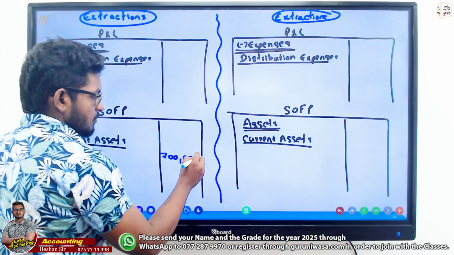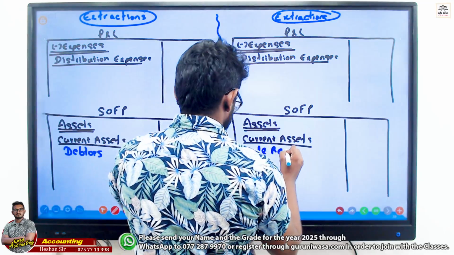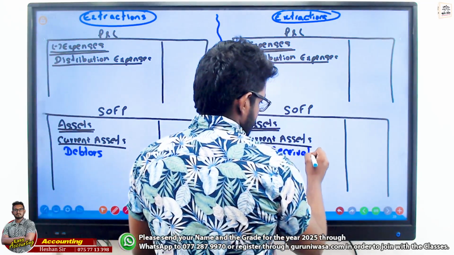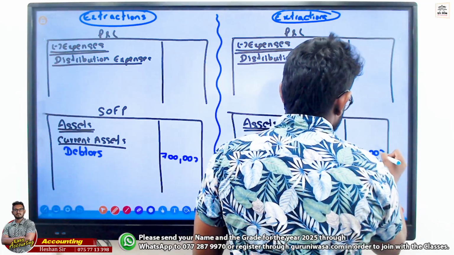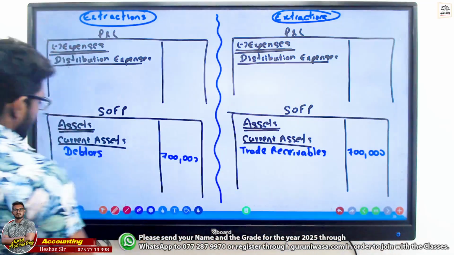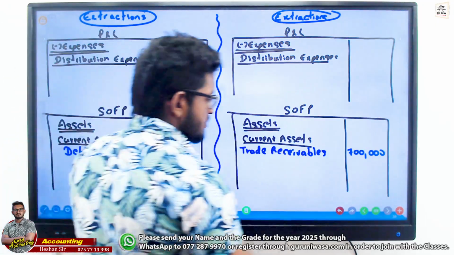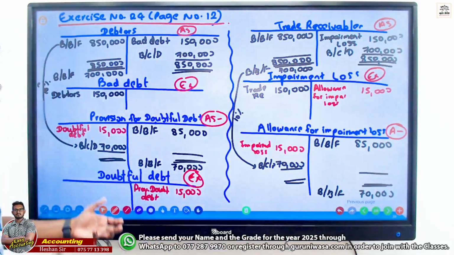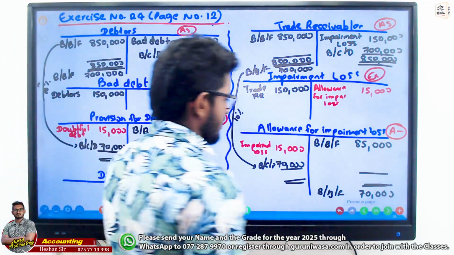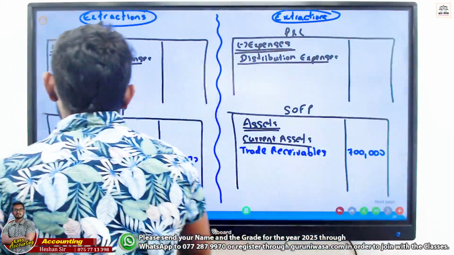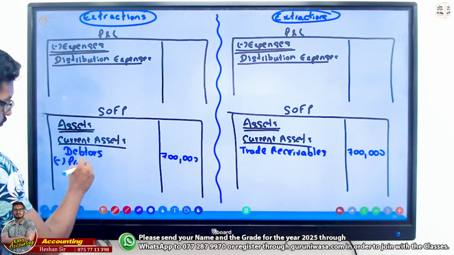In here, both are named trade receivables. Doubtful debt balance, closing balance, how much? Provision for doubtful debt closing balance is 70,000, right? In both, we deduct provision for doubtful debt.